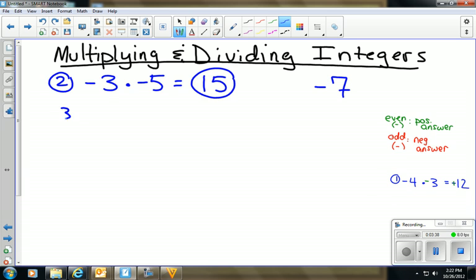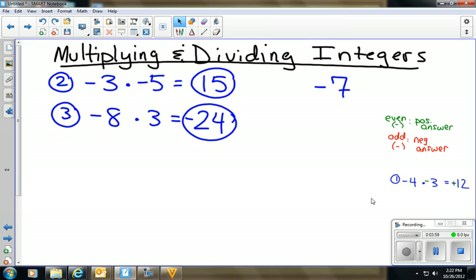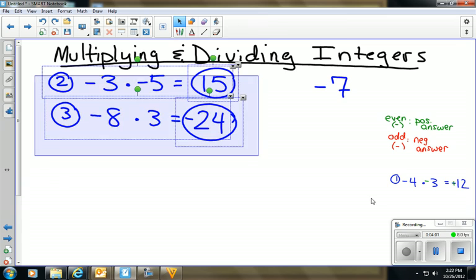Whereas if you have negative 8 times positive 3, well, 8 times 3 is 24. I have one negative sign, and since 1 is an odd amount, it's going to be negative, therefore it is negative 24. Now this, as I mentioned before, works for division as well.